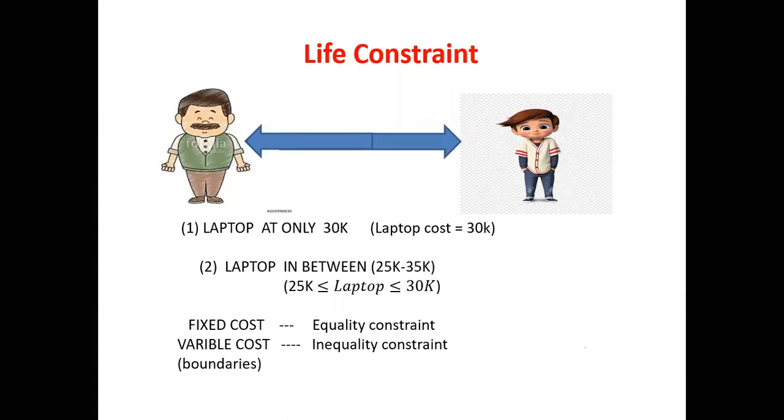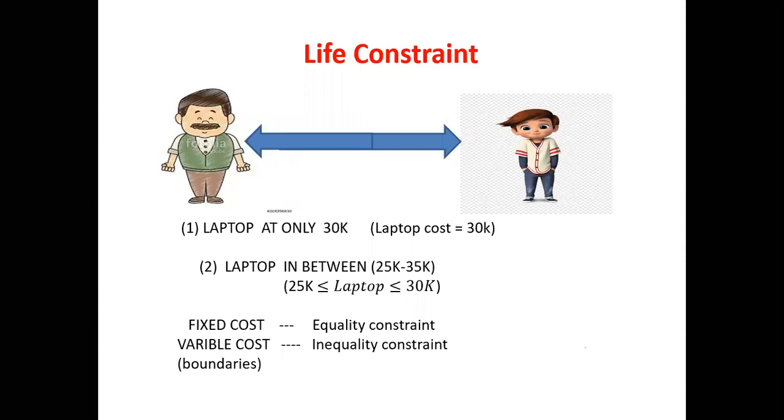In this example, there is a conversation between a father and his son. The son is asking about a laptop and his father says, okay, go and buy. But here, 2 cases we need to consider. First one is, for example, that the father says, I will give you only 30,000 rupees. Try to understand very carefully. Once you understand this life example, then automatically you can understand what is meant by power system constraints.